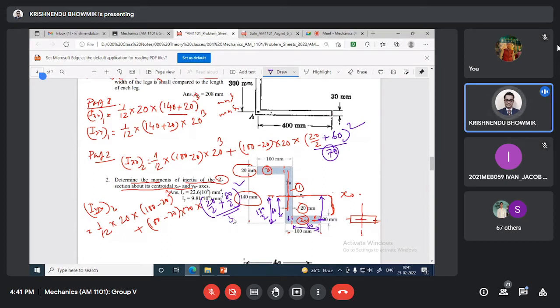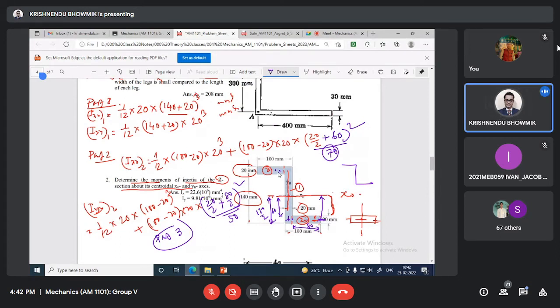This is 40, this is 50. Yes, this is 10 and this is 40. Yes, yes. So you can get IYY2. Now, if you consider part 3, you can check that for part 3, although this is Z section, whatever IXX2 you got, the value will be same for part 3 also, because with the centroid I value is same, IXX and IYY.